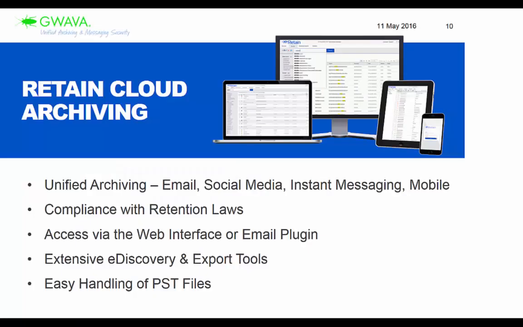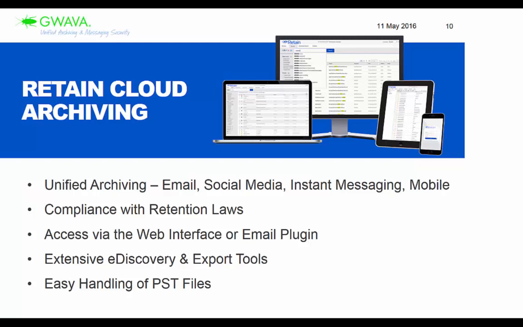The big thing with Retain cloud archiving is that it provides unified archiving of multi-platform email, including Exchange, Office 365, Gmail, and GroupWise. And it also supports mobile communication, social media, instant messaging, and all of that, and then web searches as well.